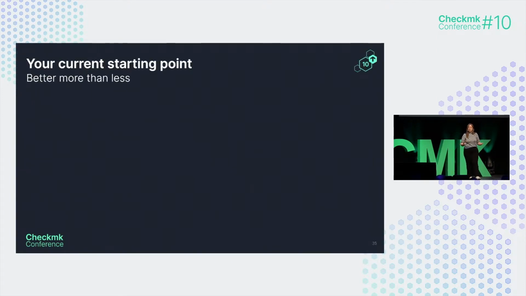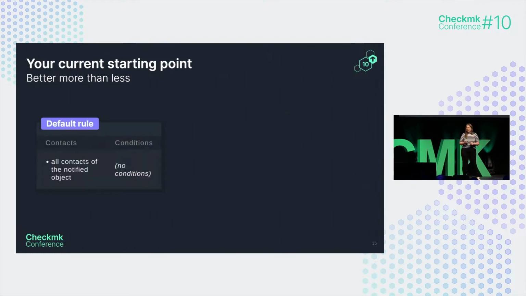Our current notification approach follows the simple principle, better more than less. It's basically a block list approach, because by default, we provide one rule which includes all contexts of the notified object and no further conditions. Basically, one rule to notify them all about everything.